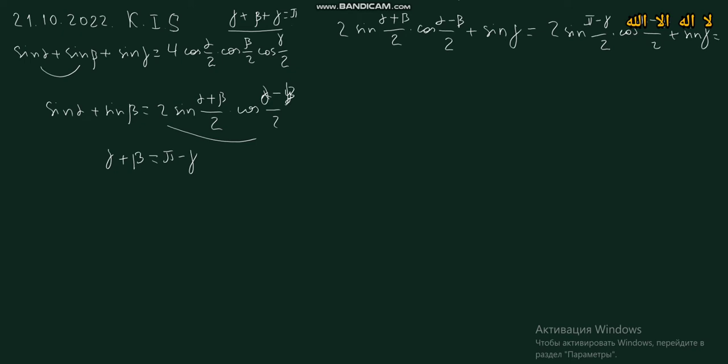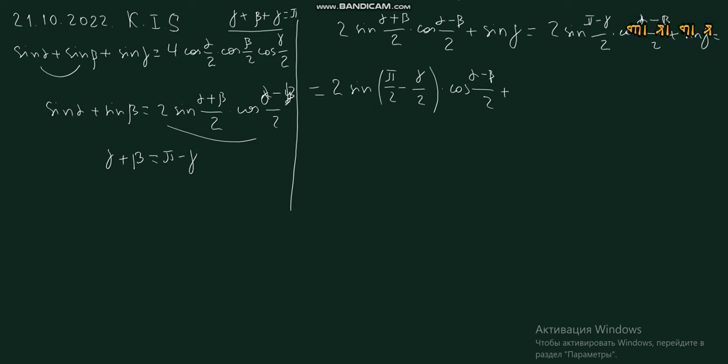Then I have to use the reduction formula. To this purpose, I may write 2 sine of pi over 2 minus gamma over 2, times cosine of alpha minus beta over 2, plus, instead of sine of gamma, I may use the double angle formula.